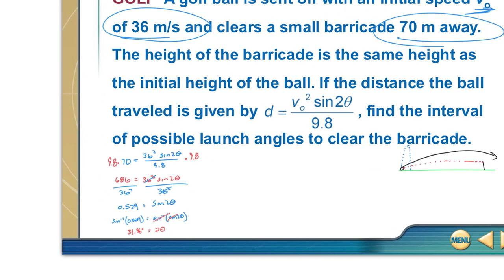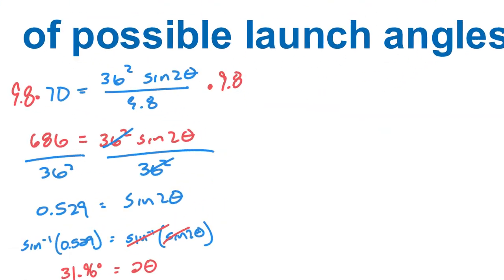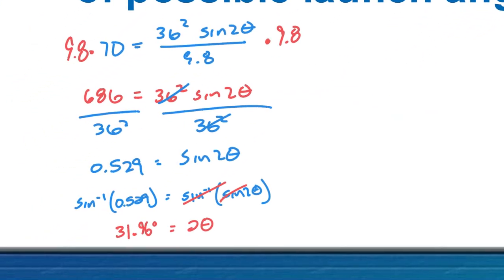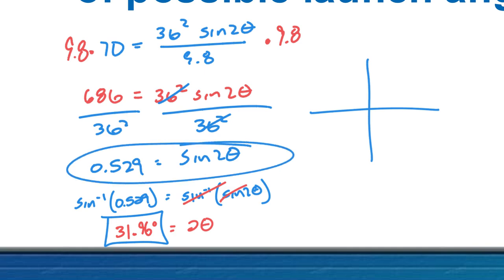Well, sine is positive in the first quadrant, but sine is also positive in the second quadrant, which means right now, this angle that I have, and no, I haven't solved for theta yet, but we were trying to figure out when sine was going to be equal to 0.529. Again, that could happen here or here.